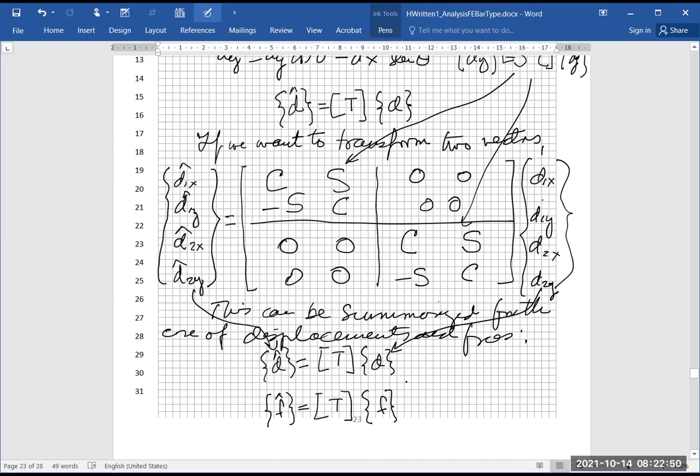So this D vector has 4 elements. The first 2 correspond to the 2 components of the displacement of the first joint, and the second 2 to the components of the second joint, etc. And in this case, T is a 4 by 4 matrix, this thing here.